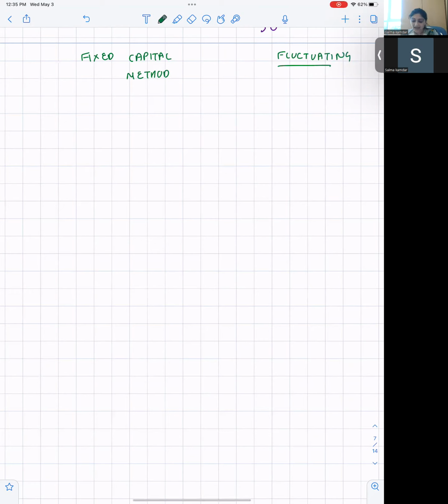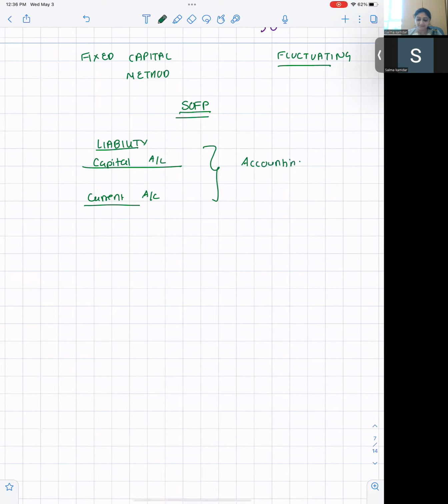Whenever I have a statement of financial position, and on the liability side I have been given a capital account and a current account both, it means the method of accounting that I am following is the fixed capital method.